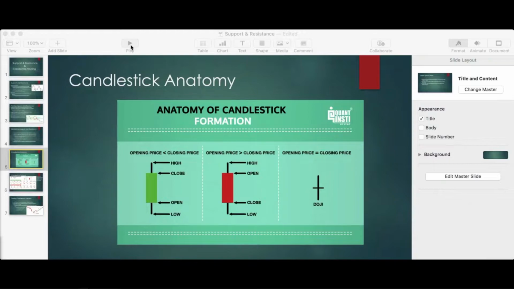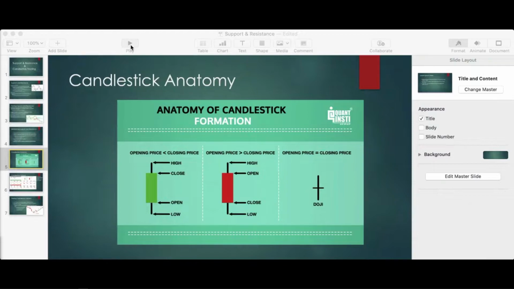With the wicks, the top of the wick is the highest point that candle got to at one point in time. The bottom wick is the lowest point that price got to. Say this is a daily candlestick: at one point in time, that candlestick was at the high, got rejected, and closed right below.